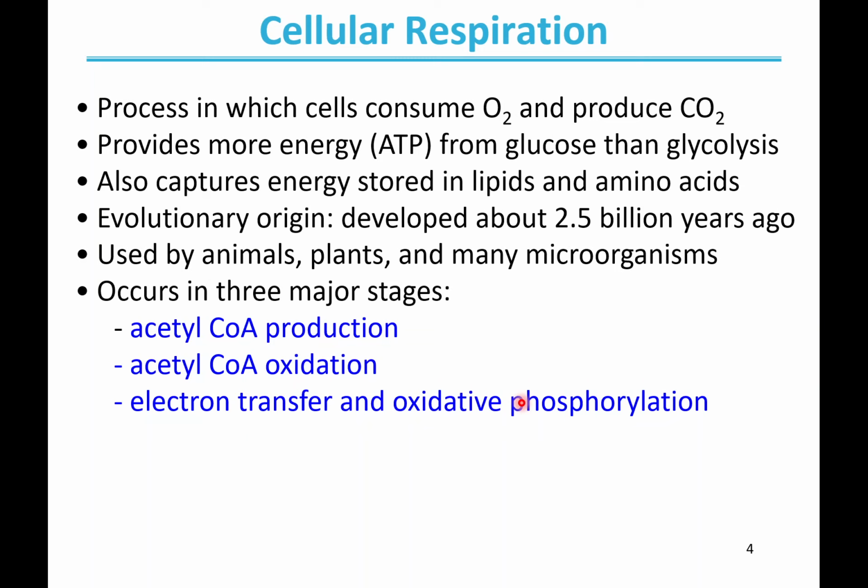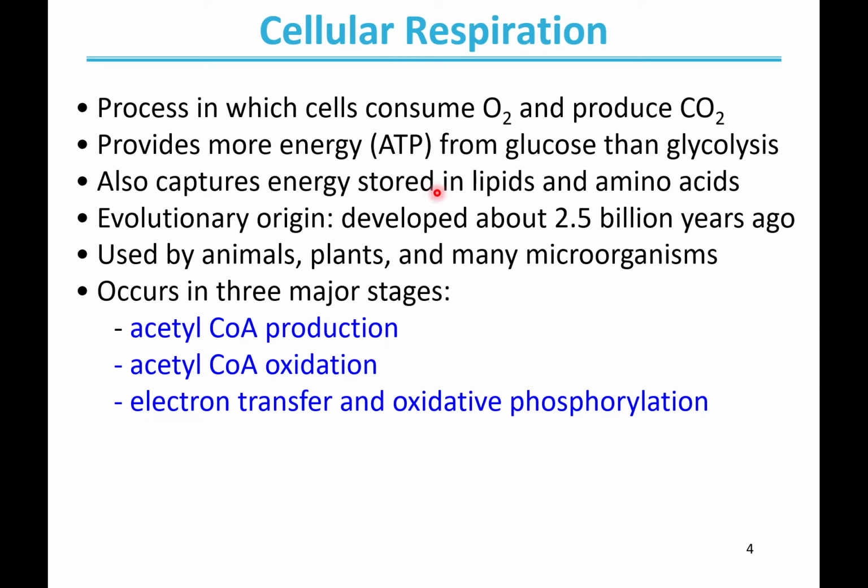But as the Earth developed an oxygen atmosphere, respiration sort of took over, and it increased very significantly the amount of energy that can be produced, especially from glucose.